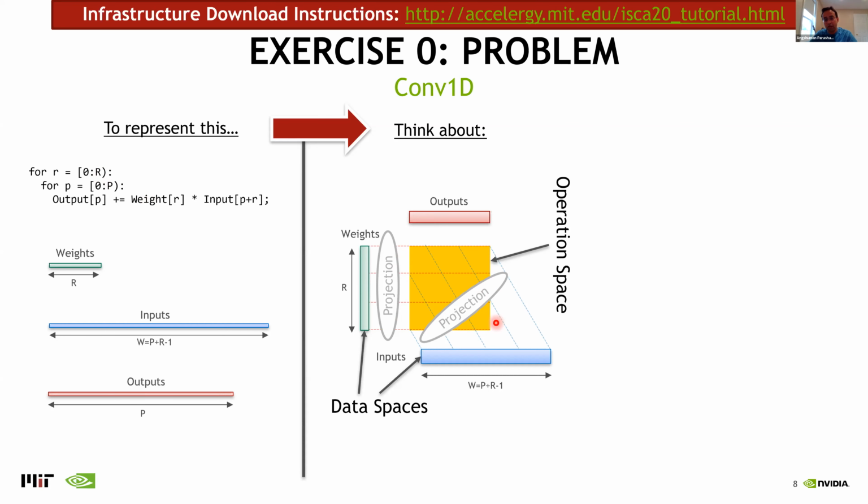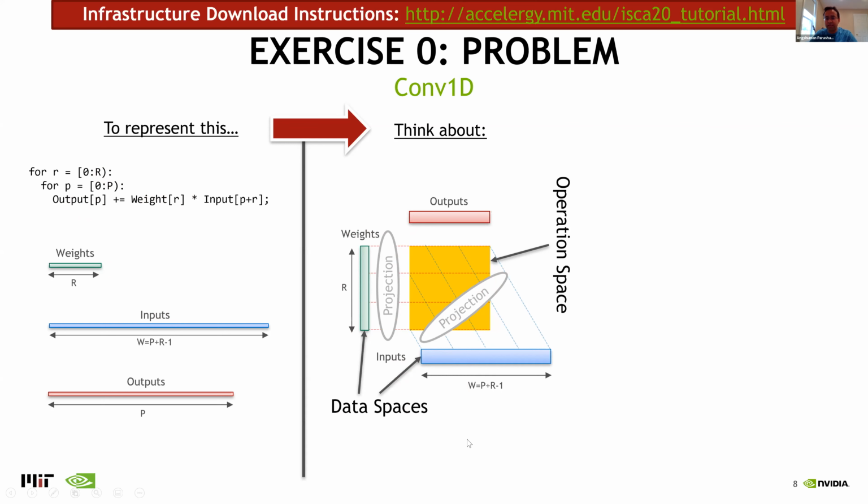These operation spaces then project onto what we call data spaces, or you may think of them as tensors. Because of this projection, they're going to have a different dimensionality than the operation space. In this 1D convolution example, they all have a single dimension, so you've got a single slice of weights, inputs, and outputs.